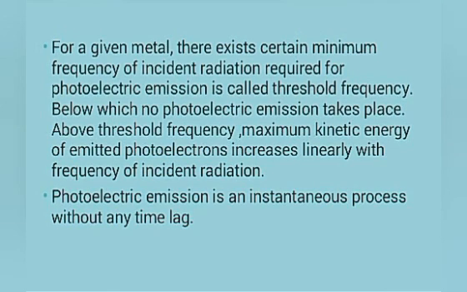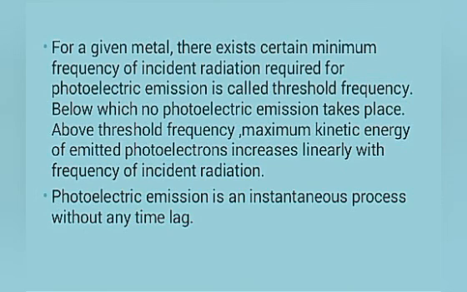In case 3, it is the summary of the second graph. Do you remember? It is the graph of stopping potential versus frequency of incident radiation. Below the threshold frequency, stopping potential is 0. Above the threshold frequency, the plot is a straight line.